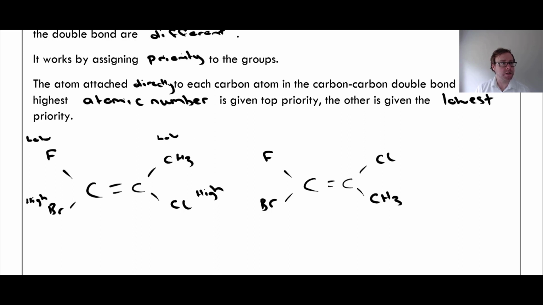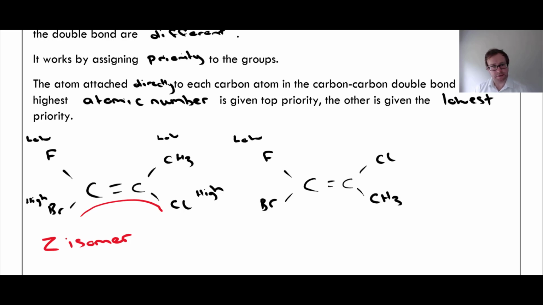And then I can match these up. So this would be an upside down C, or a non-smiley face, which would be my Z isomer. And I can do the same thing on this side.